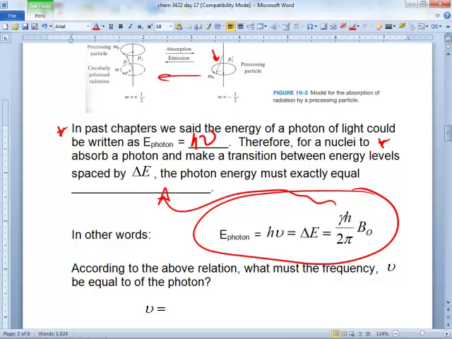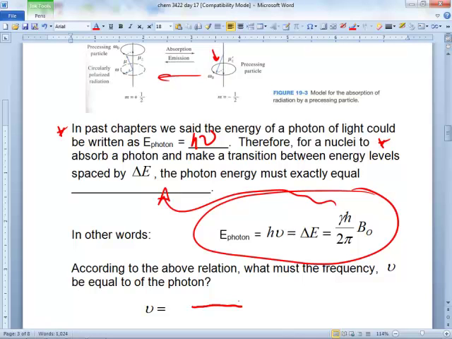If we compare those two equations, what should the frequency equal? There's really no manipulating, just erase the delta E. It's h nu.